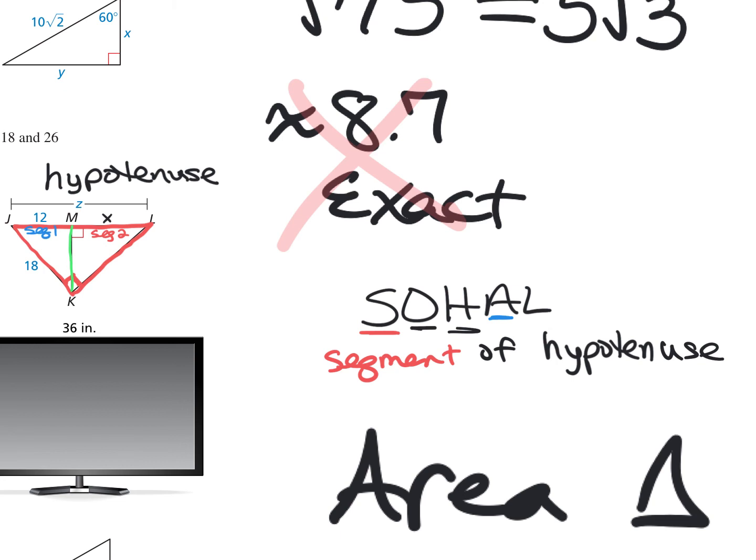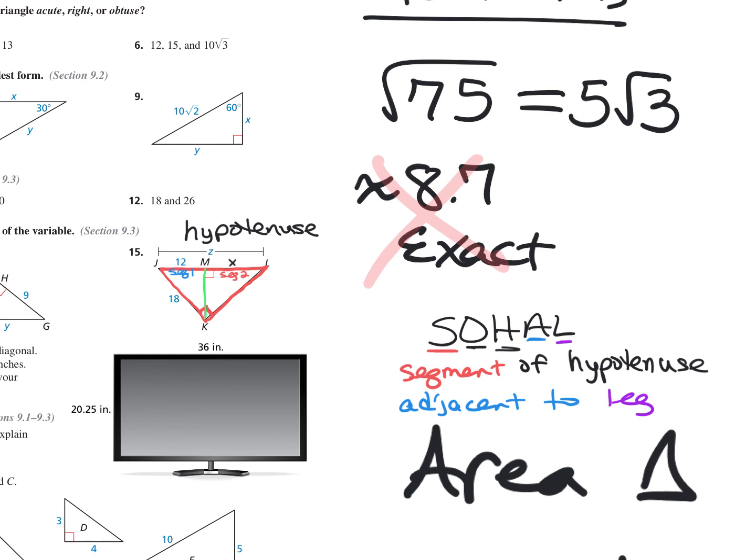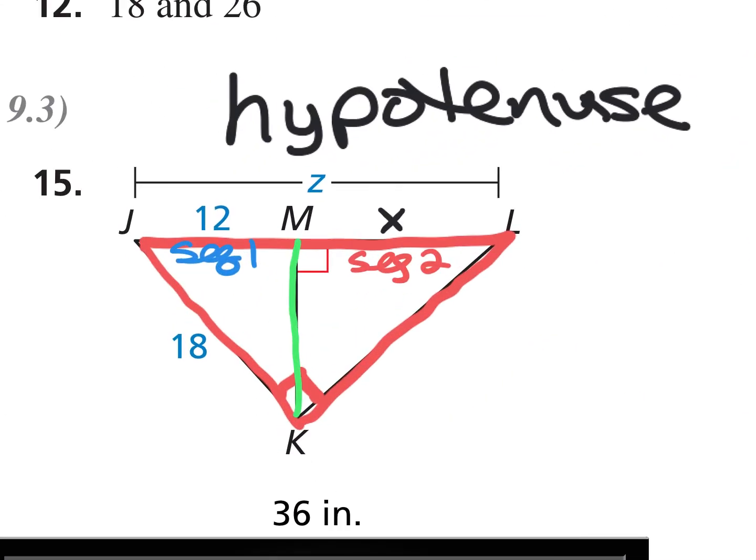So the segment of the hypotenuse, the piece of the hypotenuse that is adjacent to the leg that we're looking for. That's what the L is.